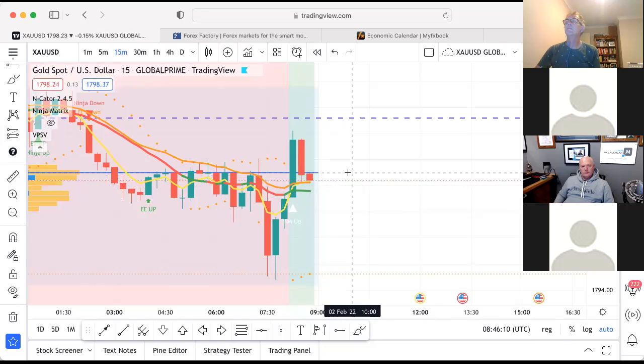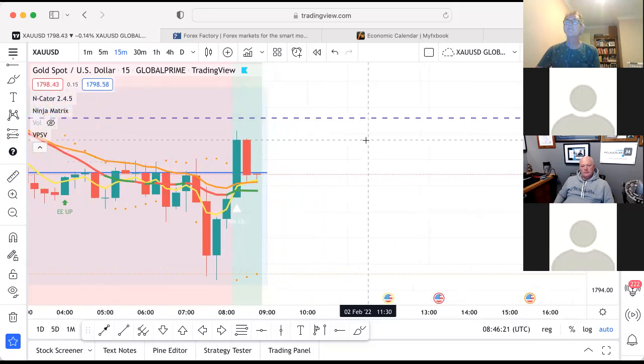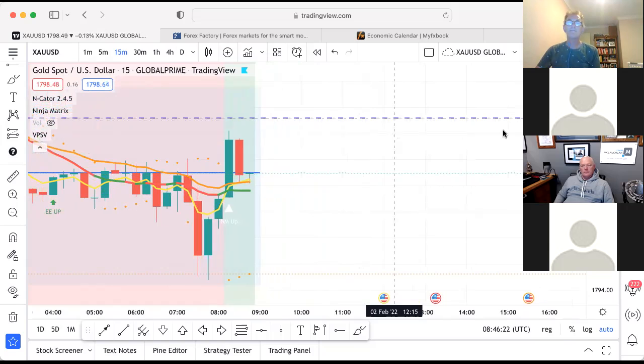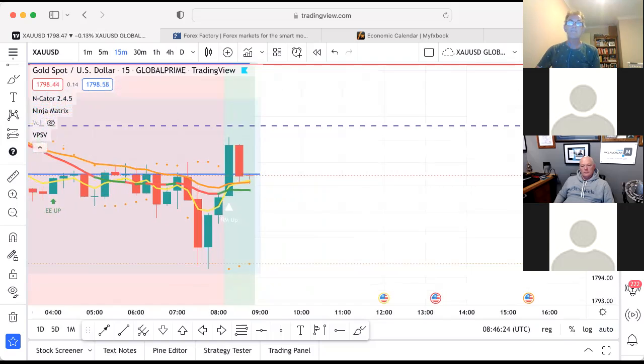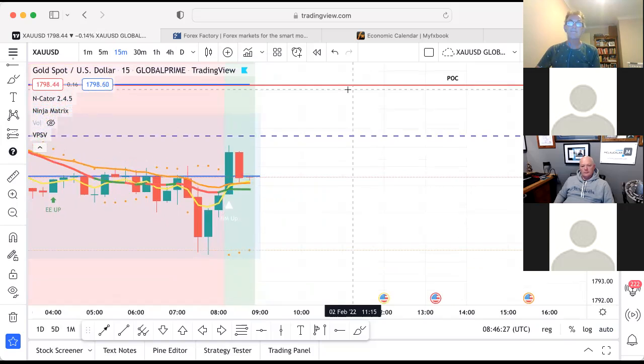So I would stand by my earlier prediction. I think we're about to head north, and the target really would be the point of control, yesterday's point of control, which is up there. So we'll wait and see.